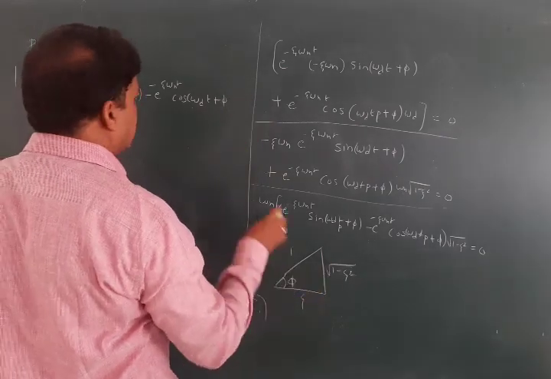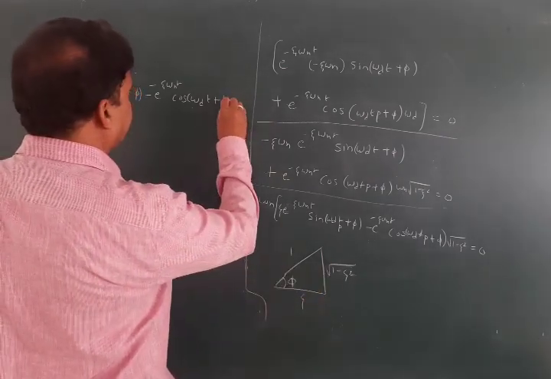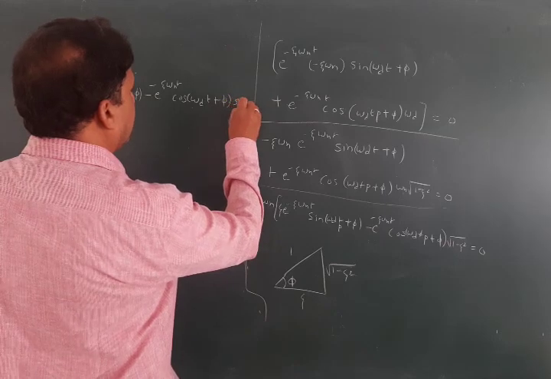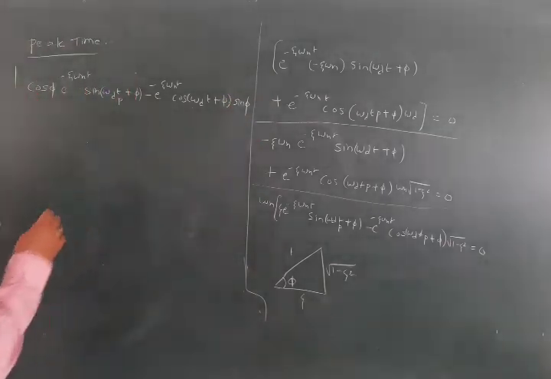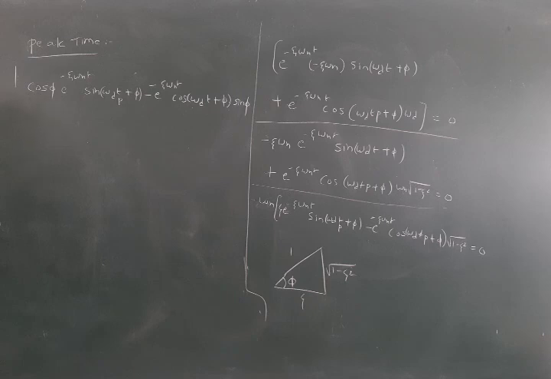Square root of 1 minus zeta square is nothing but sin phi, into sin phi here.